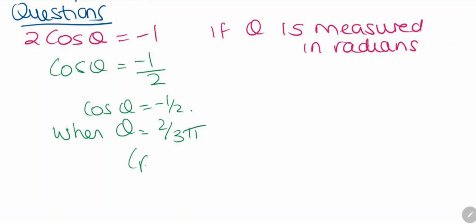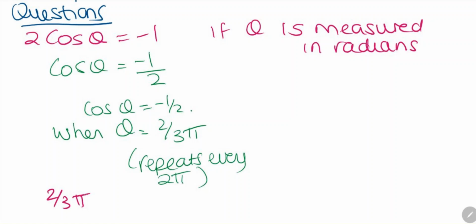And we have a cycle that repeats every 2 pi or every 360 degrees. So the solutions, we have 2/3 pi, and this would be minus 2 pi, and we'd have 2/3 pi plus 2 pi.